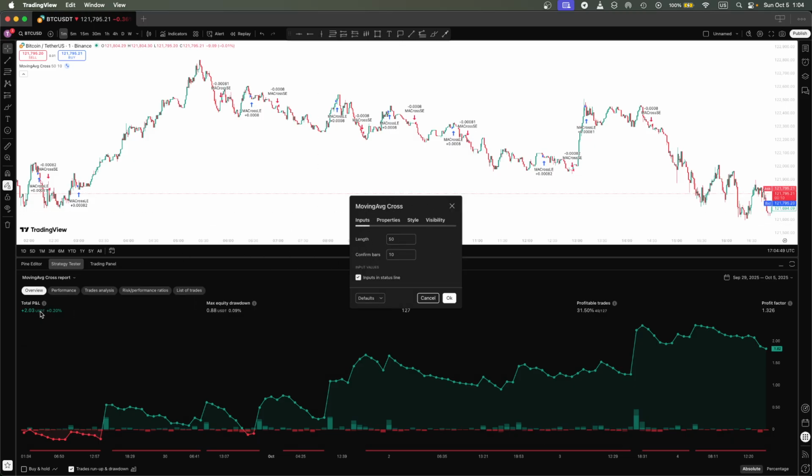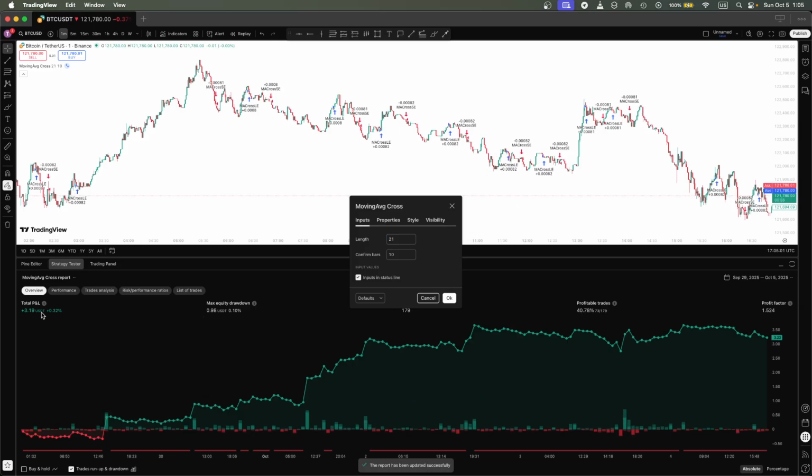So now you can see your total PNL changes. If I change this to maybe 21, see, everything here will change. So this is like a trial and error thing where you try to find, based on a certain time frame, certain length, everything, and confirm bars.